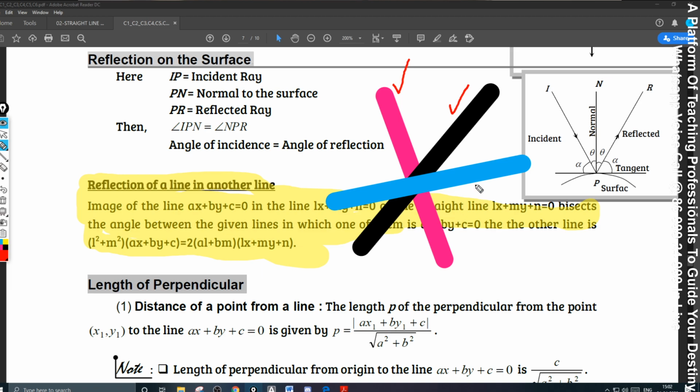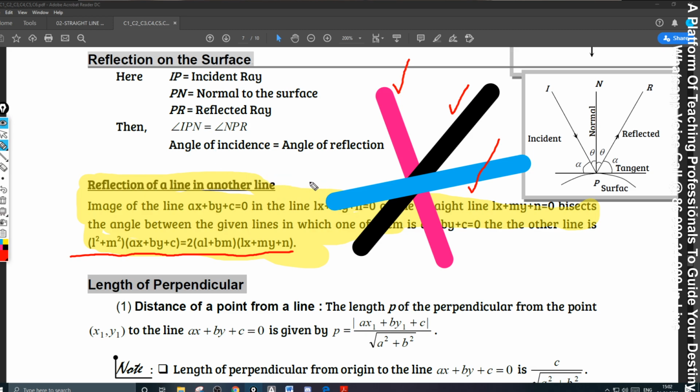This is the image line, and this image line formula is: (l square plus m square) into (ax plus by plus c) is equal to twice of (al plus bm) into (lx plus my plus n). That I have to derive anyway.